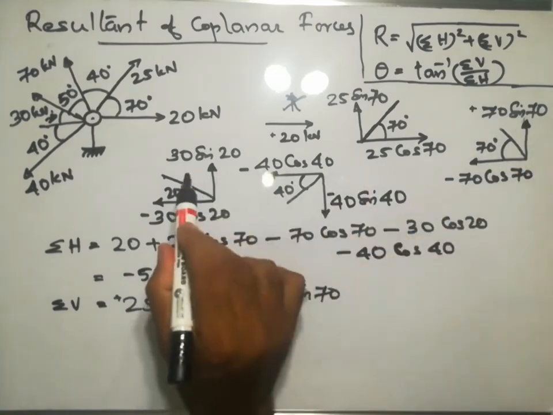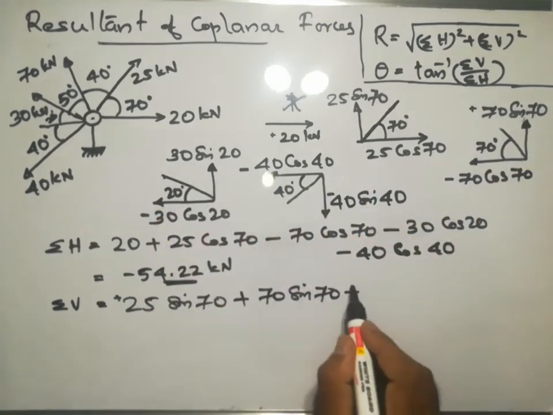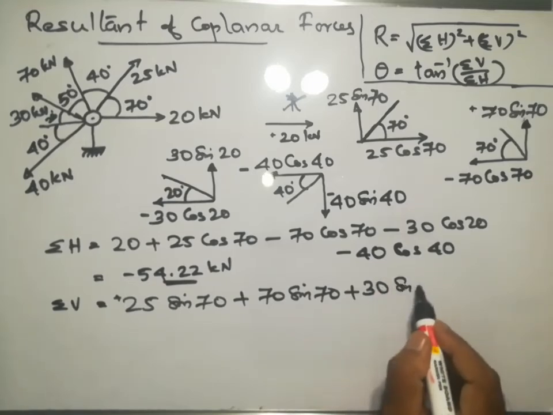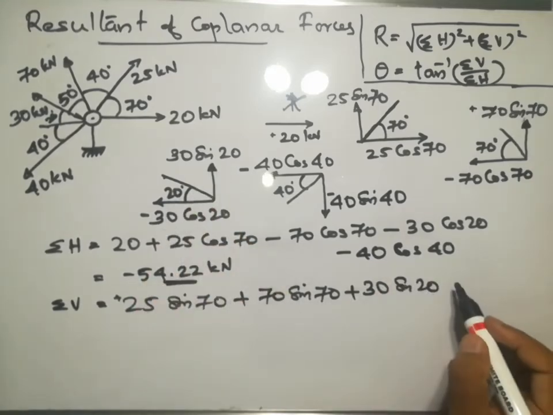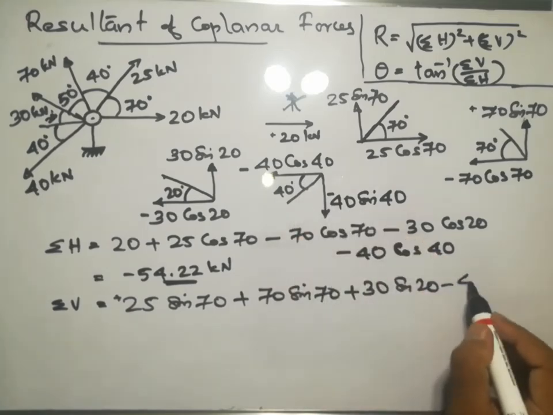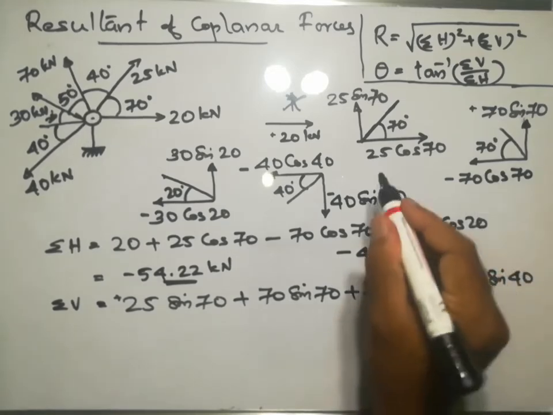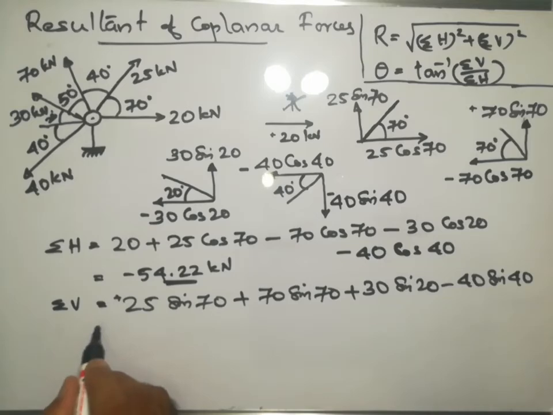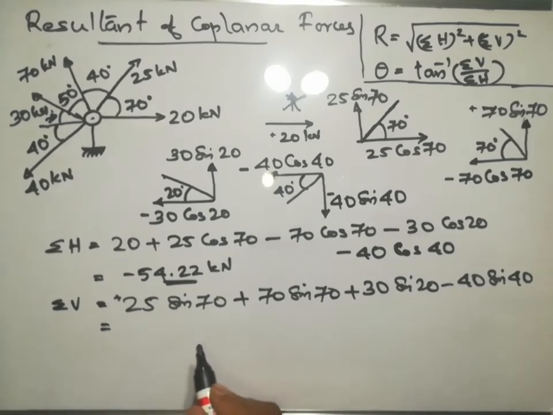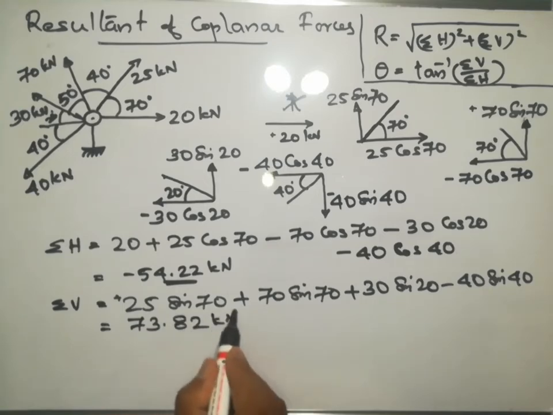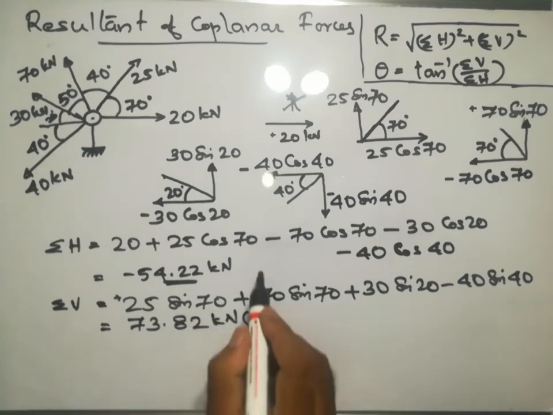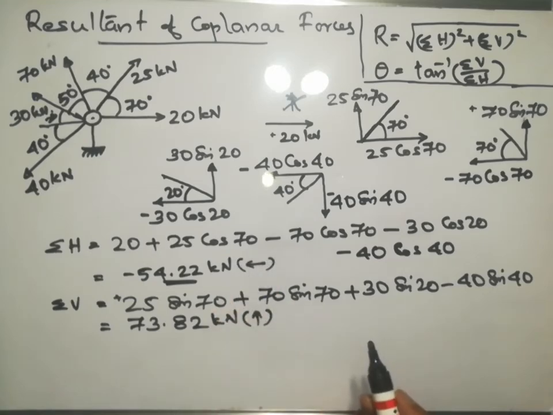The fourth force is also positive, plus 30 sine 20. And the last force is minus 40 sine 40 because it is acting in the downward direction. So when you calculate this, you will get sigma V equal to 73.82 kilonewton. It is in the upward direction. And sigma H is towards left, 54.22.